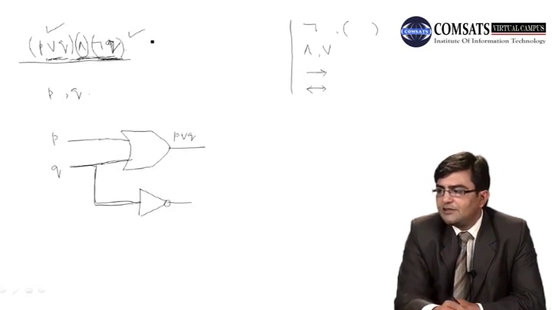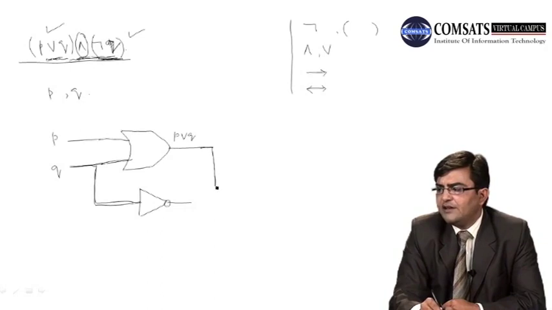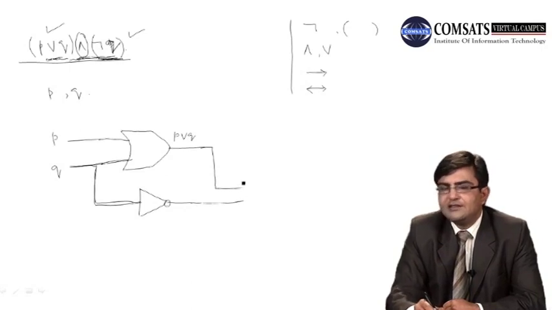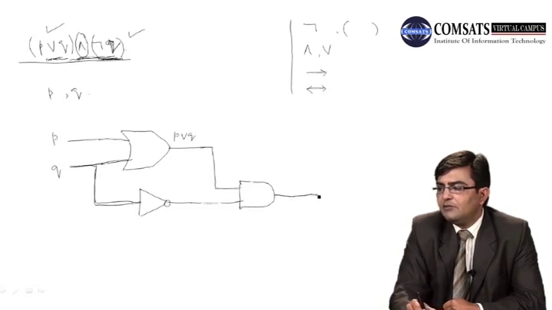Now these two expressions are connected by the conjunction operator AND. How do we connect them? We can draw a line here, and we can proceed here, and now there is an AND operator between these two expressions. We draw an AND logic gate here, and we have the output here.